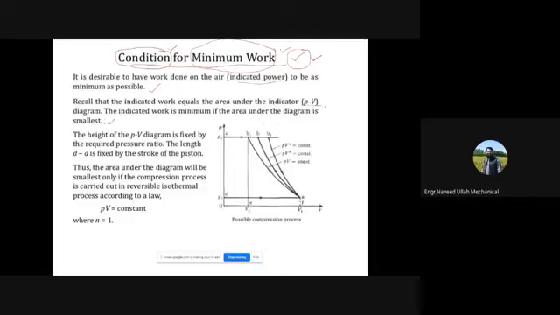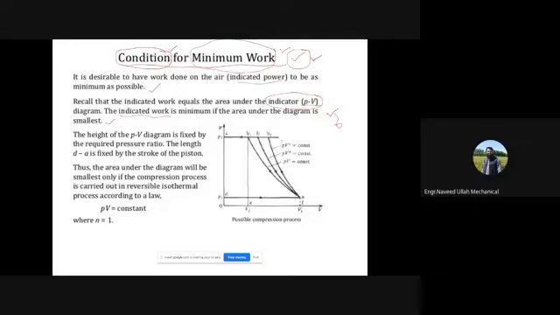The indicator diagram, that is the PV diagram, the area under this PV curve is basically the work consumed, or the indicated work.